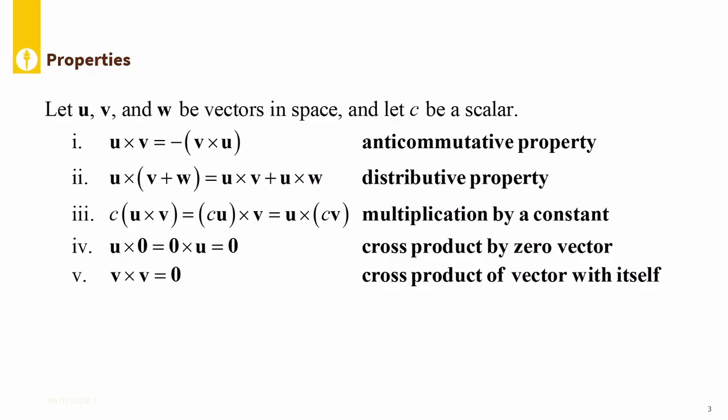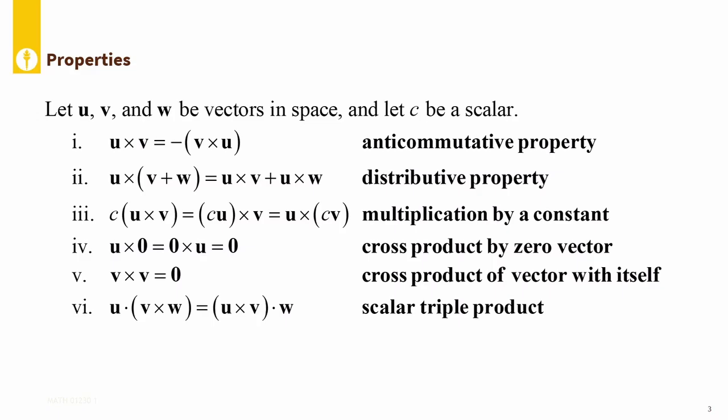And then we have a new product, the triple scalar. U dot V cross W is U cross V dot W. So this is the triple scalar product. And what it's saying is as long as you keep the vectors in the same order, you can switch the order of the dot and cross products, and the result's the same.